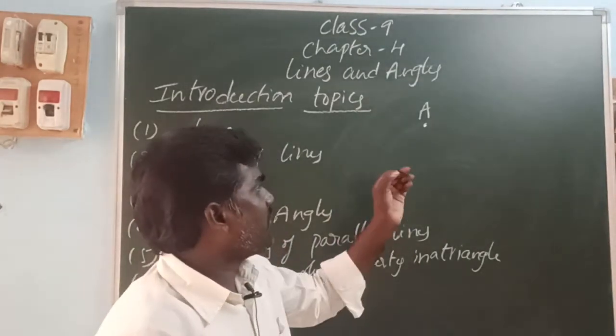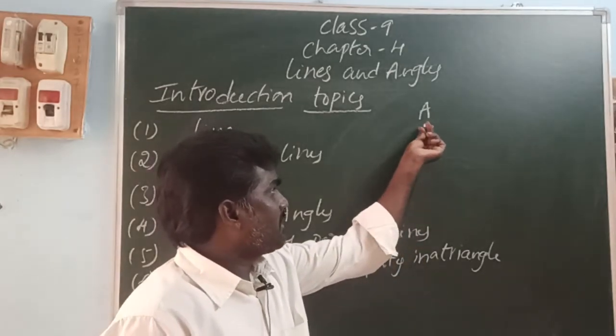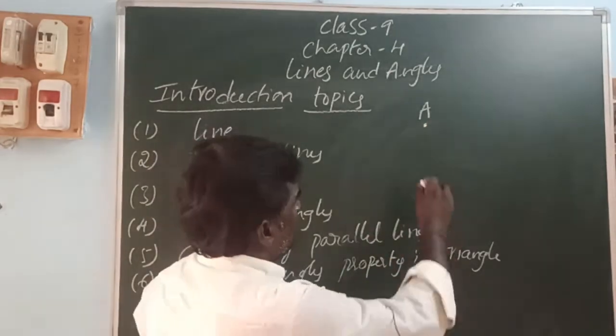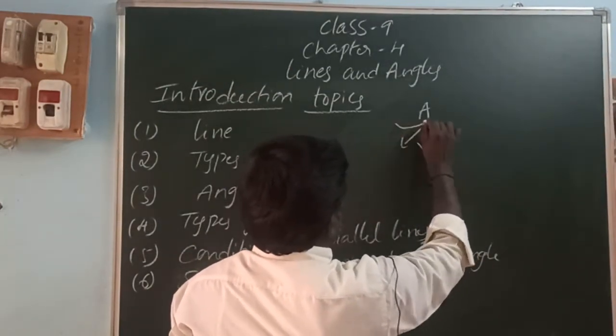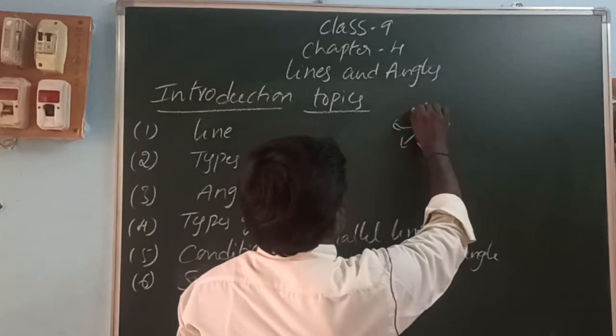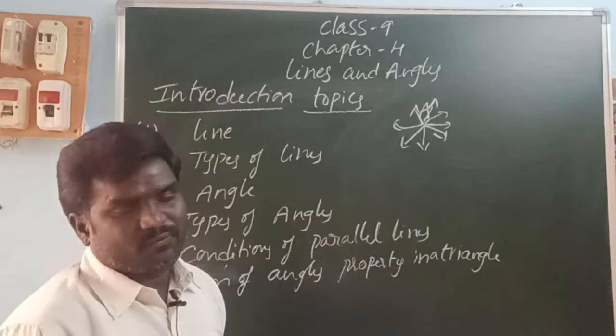So here this is the point, and the point is in a plane. The point has infinite directions. This is one direction, and here is another, infinite directions. The infinite directions having boundaries, that plane is called a plane surface.